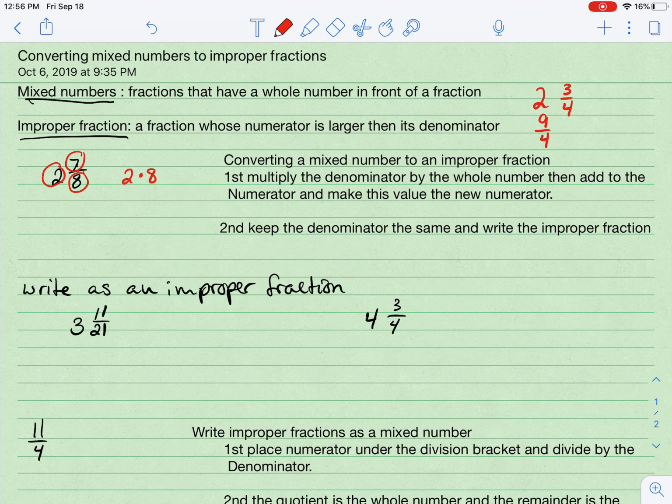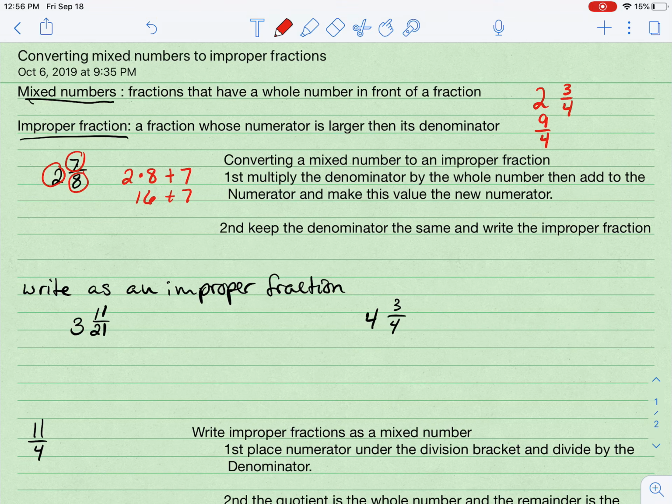Multiply the denominator by the whole number, then add the numerator and make this value the new numerator. So we're taking our denominator times our whole number and adding our numerator. Order of operations states that we do multiplication first, so 2 times 8 is 16, plus 7.